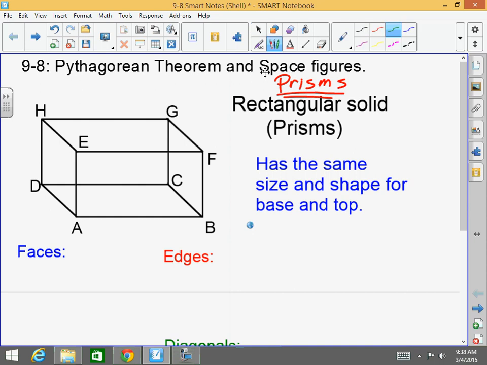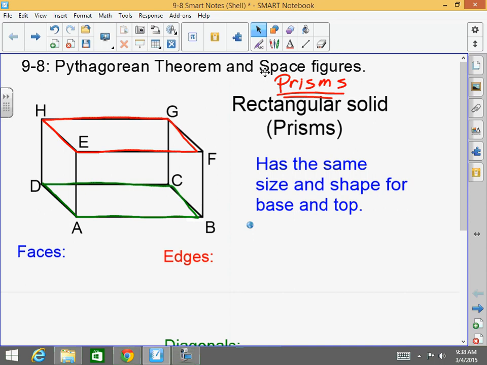So for us, I'm going to try to do it as best I can with color. The green is the bottom, or the base. And the red here is the top. Okay? Now, there are all sorts of types of prisms. This is called a rectangular prism because both the base and the top are the same shape and the same size.